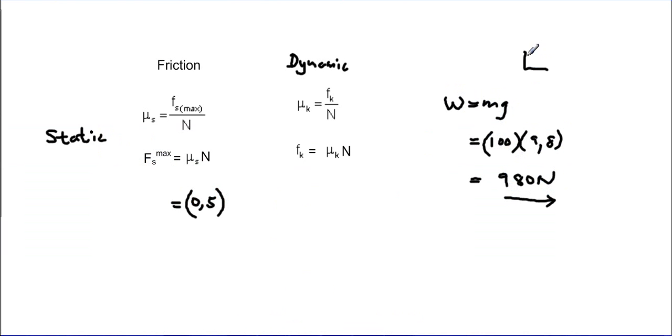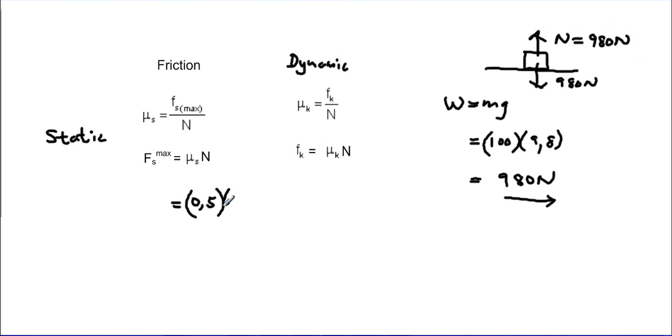So what this means is that here's our wooden block. We have a gravitational force of 980 newtons acting downwards, which means that we have a normal force, or some say reaction force, of 980 newtons acting upwards.